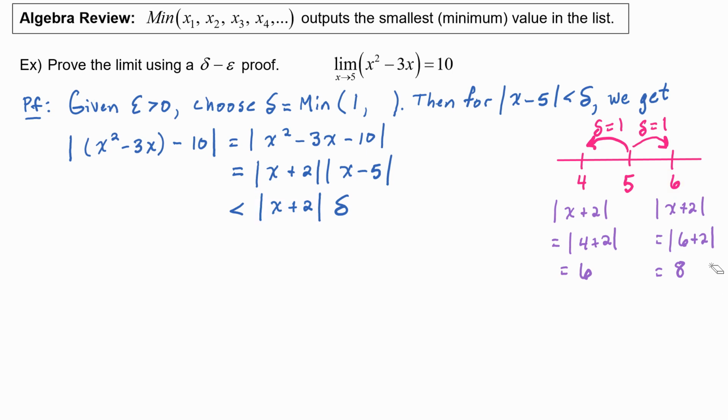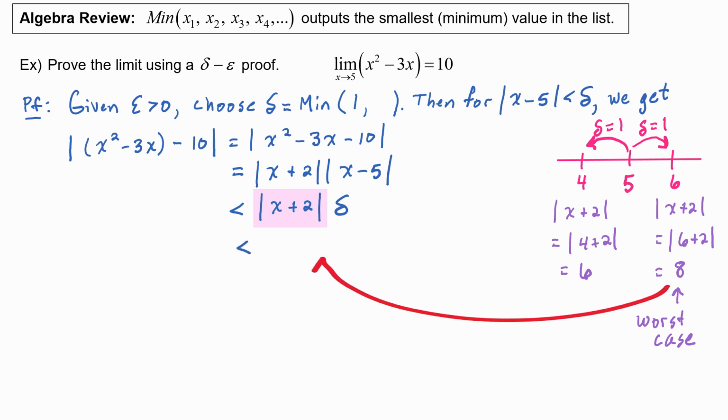Whichever one of these numbers is bigger is the worst case scenario. So what we do is we say that this expression, absolute value of x plus 2, at its worst, could be as big as 8.